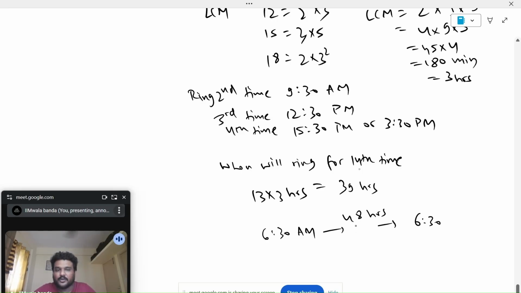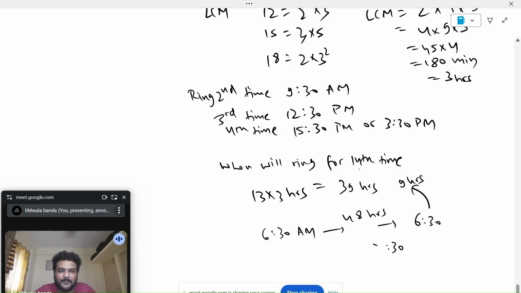So come back. So 39, so 9 hours come back. So basically, if I go back 9 hours, this 6:30 will become midnight in 6.5 hours. Remaining 2.5 hours, you have to come back. So basically 10:30, 2.5 hours.